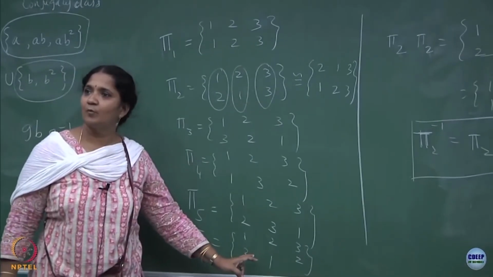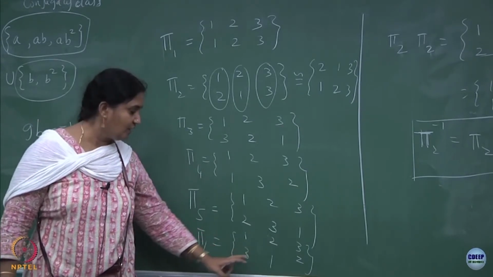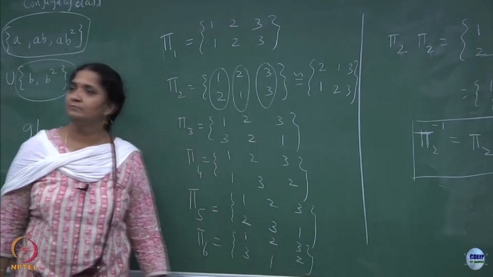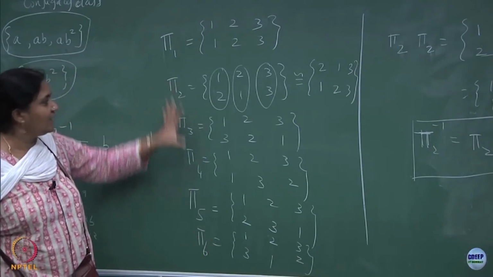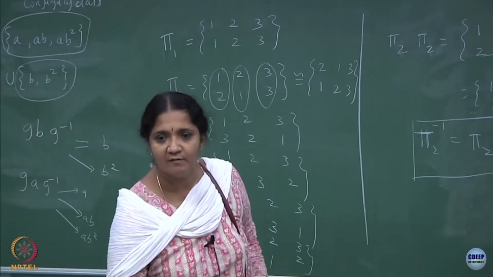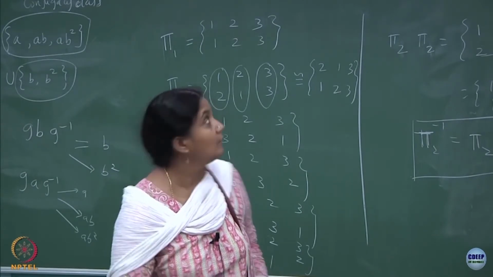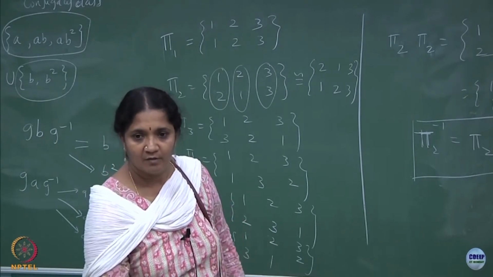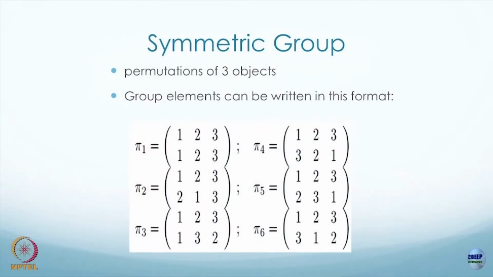A cyclic permutation. So, these are ways of playing around all the 6 elements, and I have shown this here on the slide. Okay, so, I think I have followed a different notation here, but you understand what I am saying.